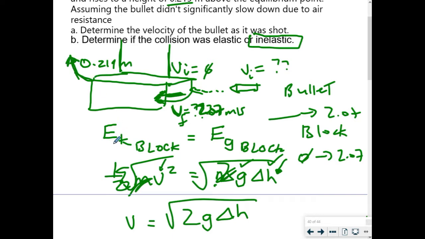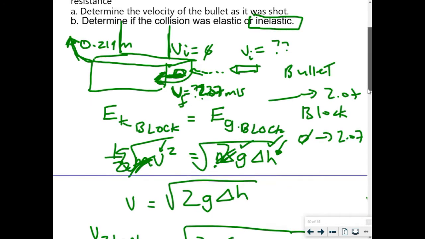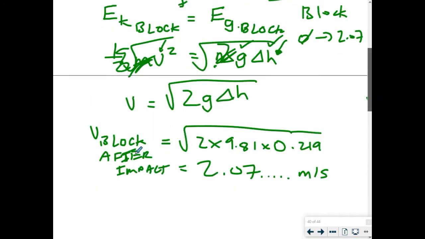The reason why it rose up is that as soon as the bullet lodged itself inside the block, there was now kinetic energy in the block. The kinetic energy in the block causing it to rise up means the kinetic energy turned into gravitational energy. So we made 1/2 mv squared equal mgh. The mass was technically irrelevant because it canceled. We did a math equation and found the velocity of the block immediately after the bullet lodged itself inside.